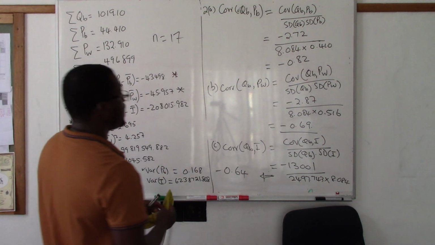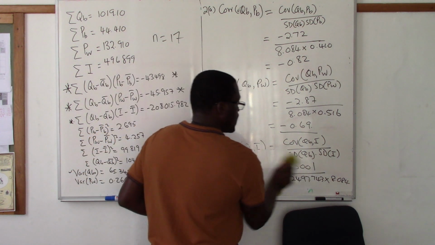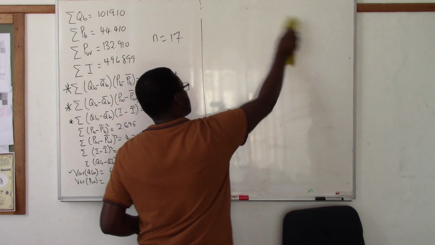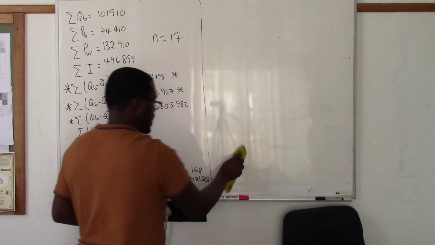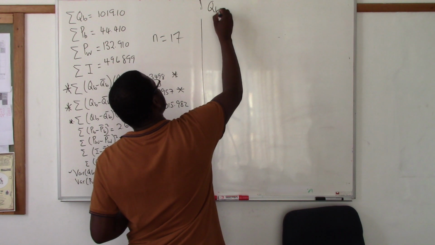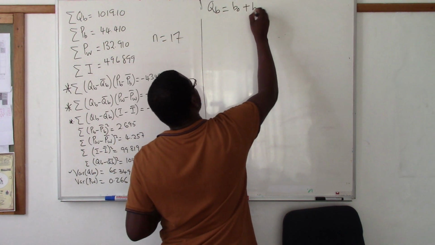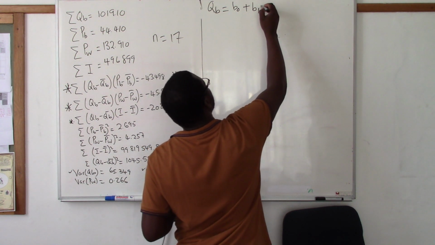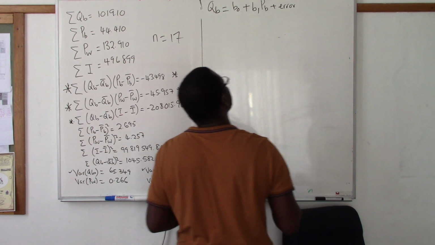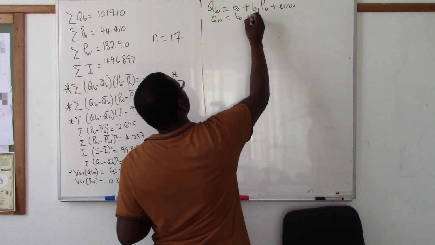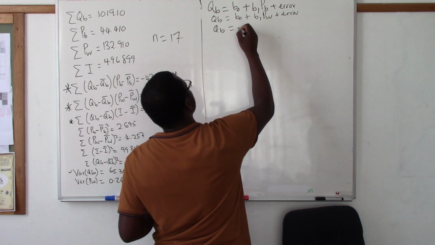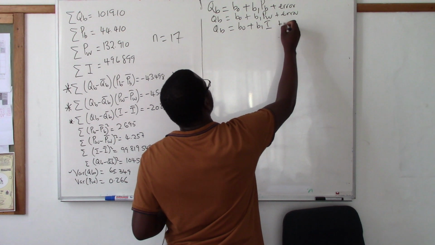Then the next question, which is number 3, requires you to either use the covariance or the correlation and any other information you have in the question to estimate the parameters in the regression equation QB equals B0 plus B1 PB plus a disturbance term, and you do the same for QB equals B0 plus B1 PW plus a disturbance term, and QB equals B0 plus B1 I plus a disturbance term.